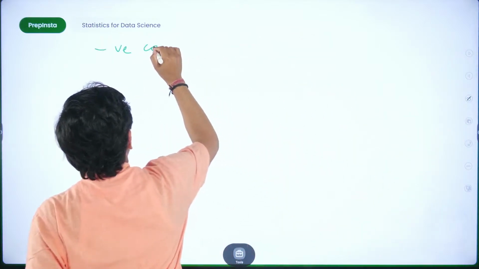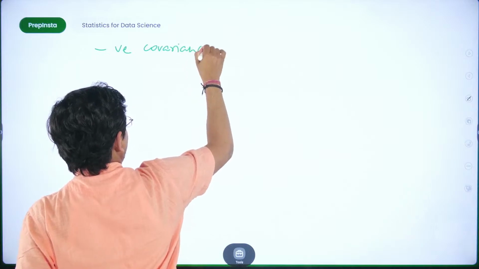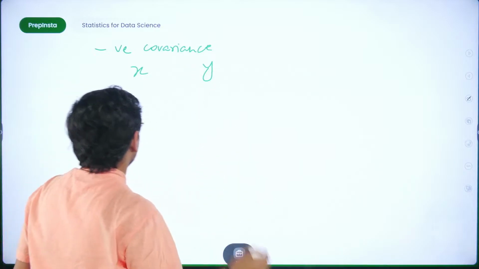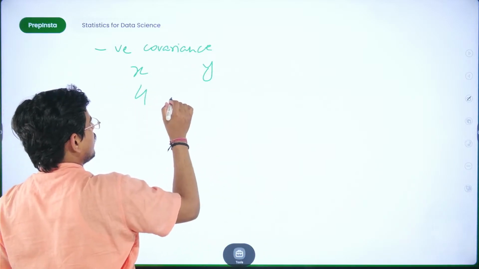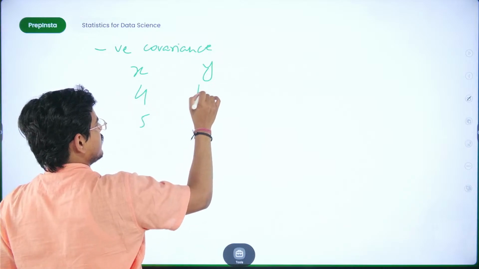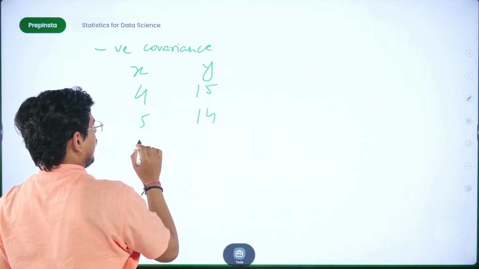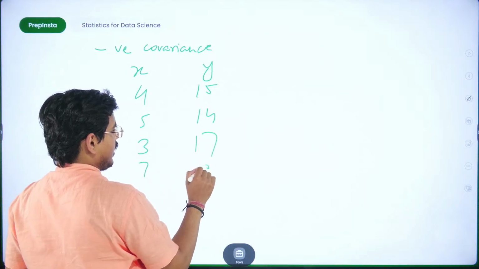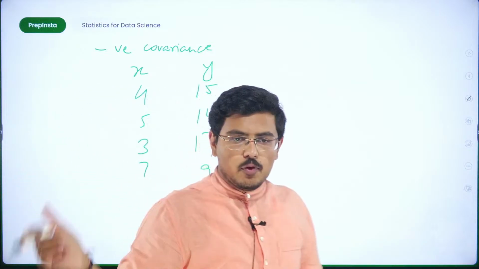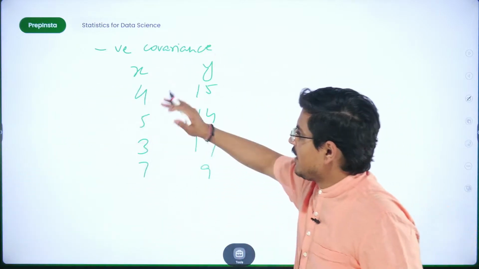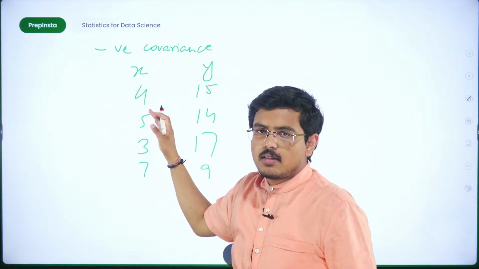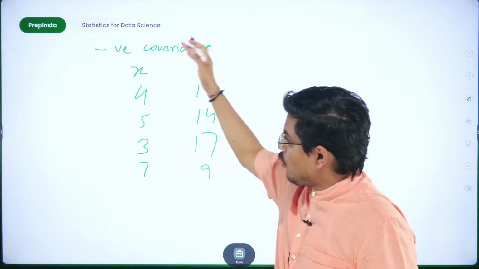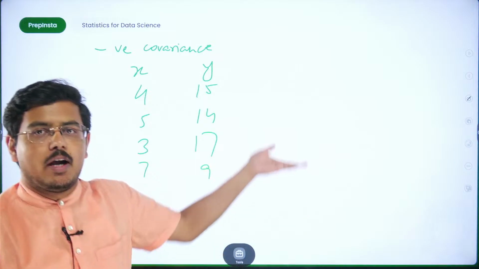And negative covariance. When do you have a negative covariance? Let's again take a data set where I have these values. 4, 5, and here you have 15, 14, and when you have 3, then you have 17, and then when you have 7, you have 9. If you see in this data set, whenever the value of x is increasing, the value of y is decreasing. Whenever the value of x is decreasing, the value of y is increasing.